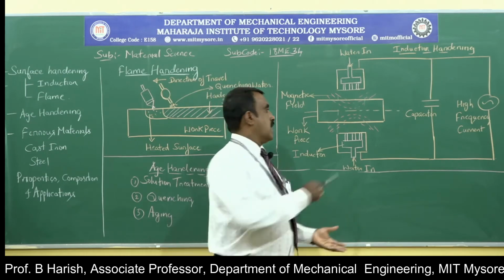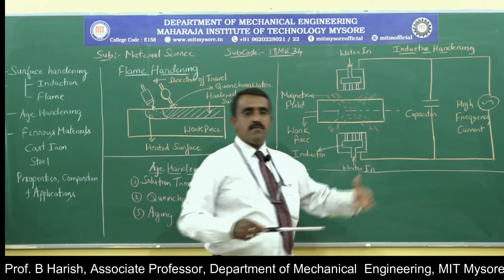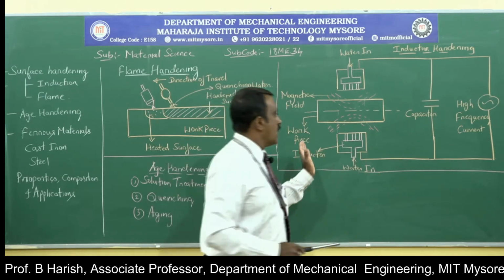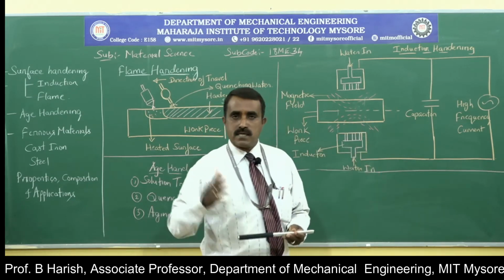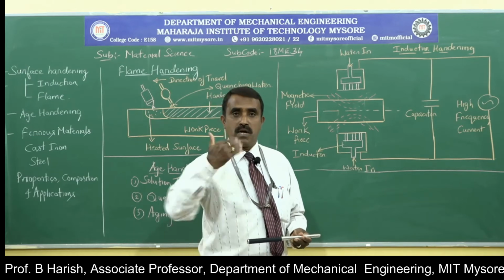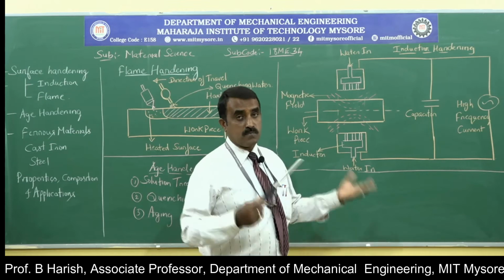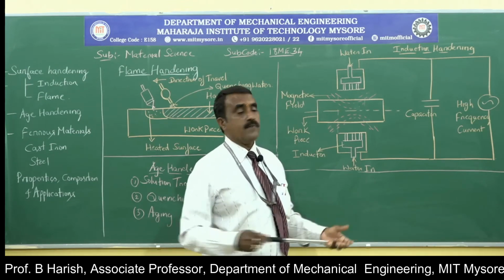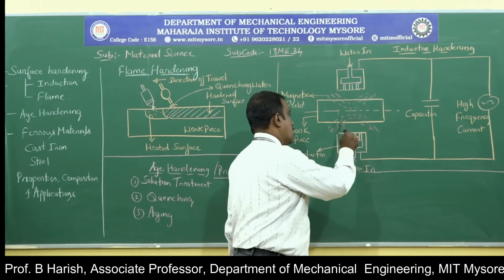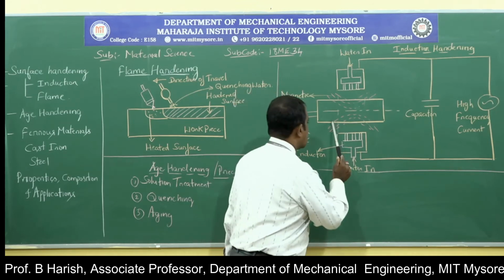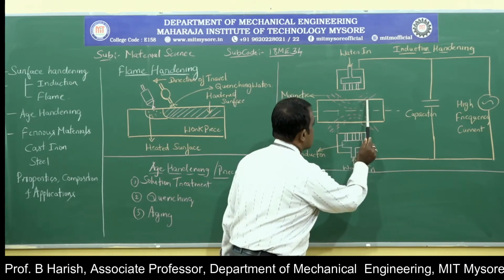A continuous magnetic field will be generated, and continuously the workpiece will be opposing the flow of current through it. So when it opposes the flow of current through its medium, heat is generated, due to which the metal surface gets heated. You can observe this is the region that is getting heated, and here too.